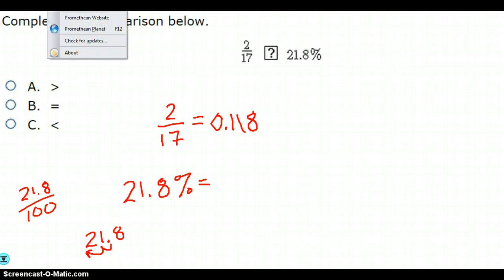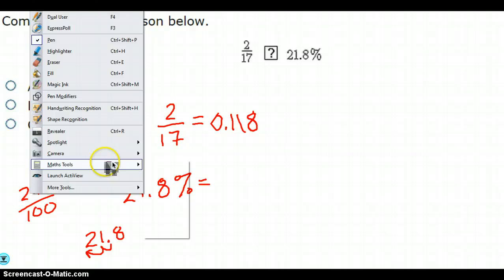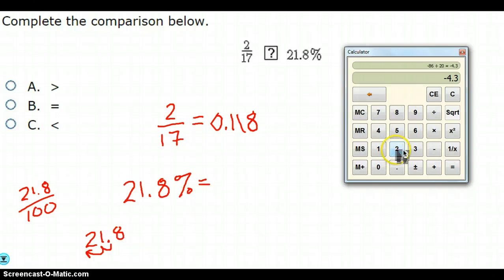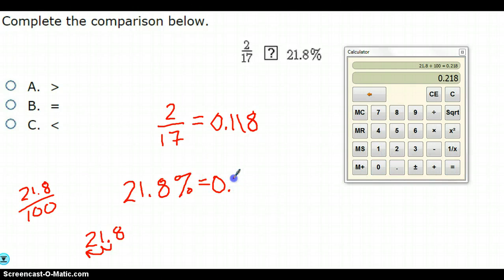So if we go into our tools here and we grab the Math Tools calculator, we're going to see what is 21.8 divided by 100. And so we see that it is 0.218, or 218 thousandths.